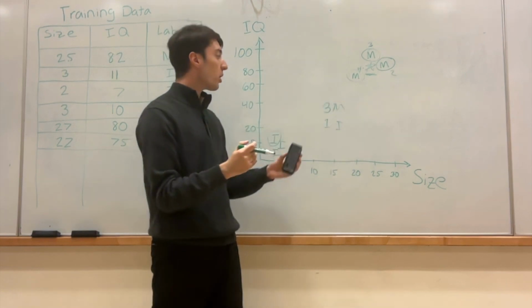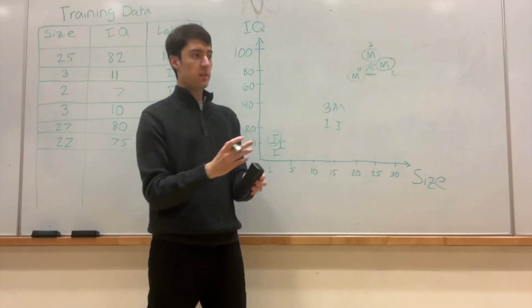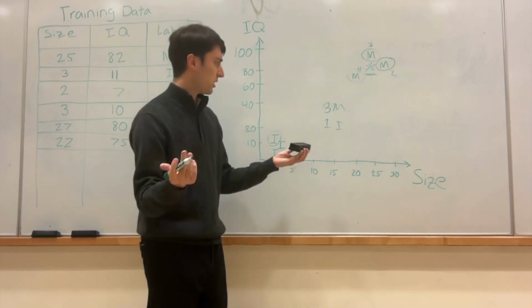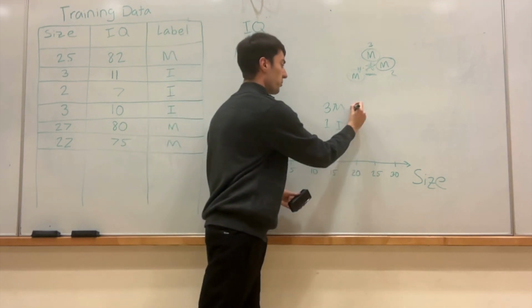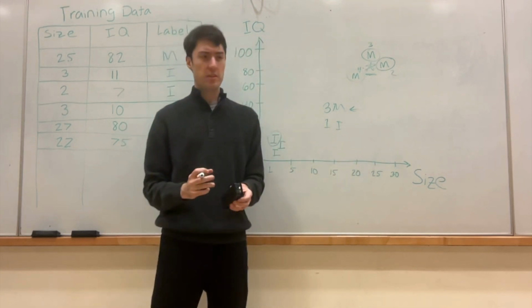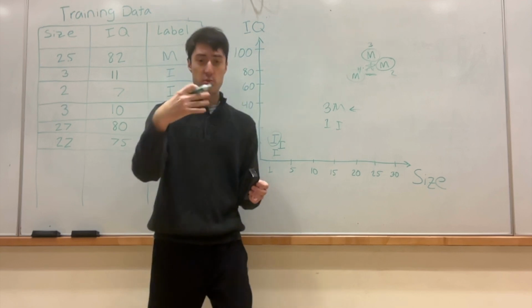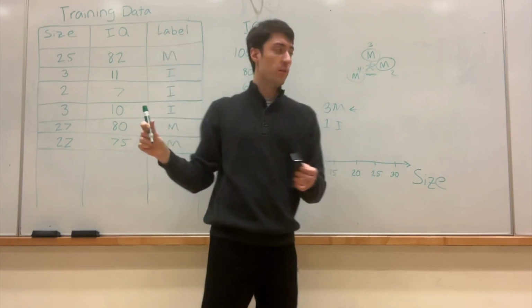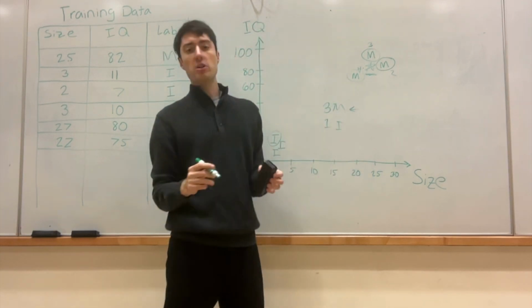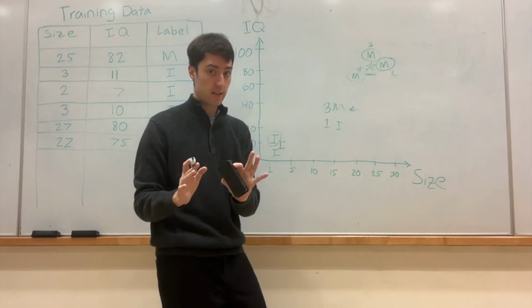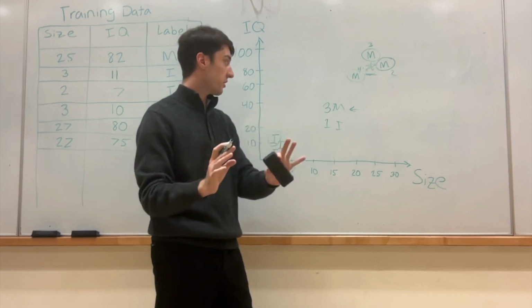If you have 3 monkeys and 1 insect, you find the classification that has the most. Makes intuitive sense. So there's three monkeys right there, therefore I predict monkey for this unknown point. That's the idea behind k-nearest neighbors.